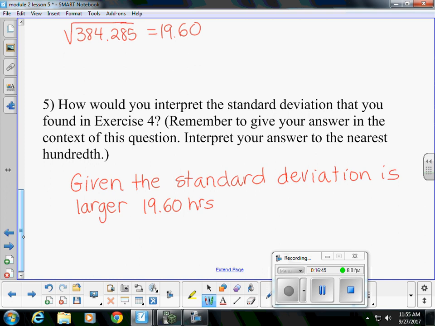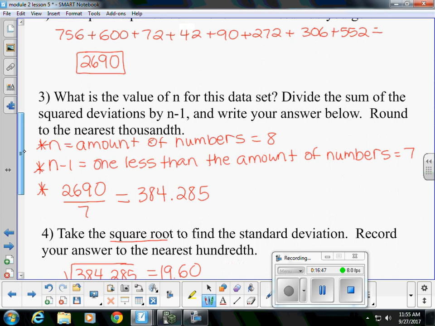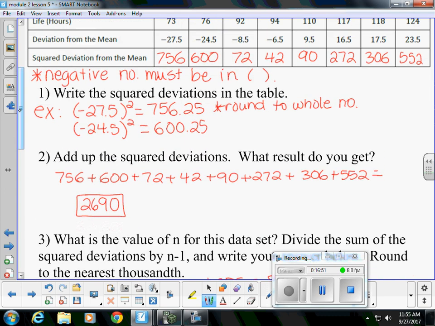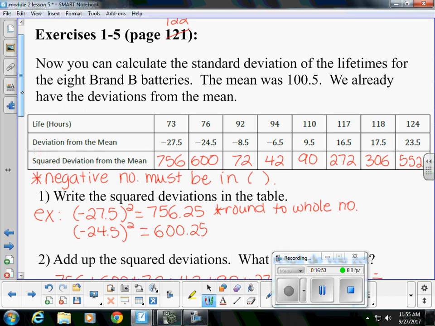So if they said that the average battery life, what was the average battery life? I'm sorry. Sorry, the bells threw me off. Average battery life was, oh, they didn't tell us what, 100 hours. There we go. There's the average battery life, 100 hours.